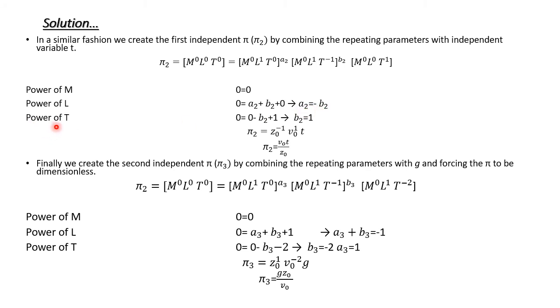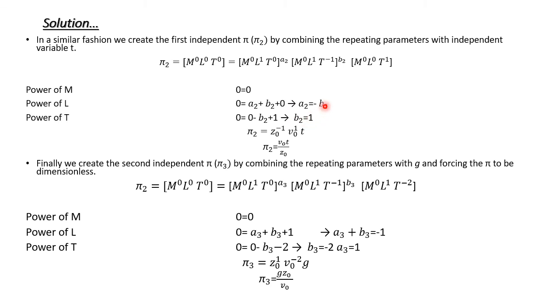Now let us compare the power of T. On the left hand side T to the power 0, so the power is 0 here, and T to the power 0 into a2 is nothing but 0. Here T to the power minus 1 into b2 I have, so it is minus b2, and here T to the power 1 I have plus 1, so b2 is equal to 1. Now I got the value of b2.